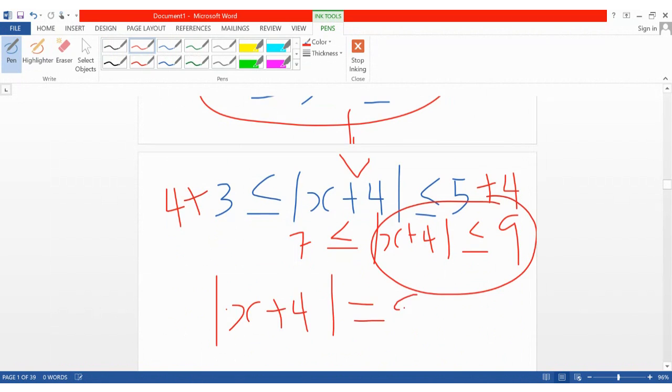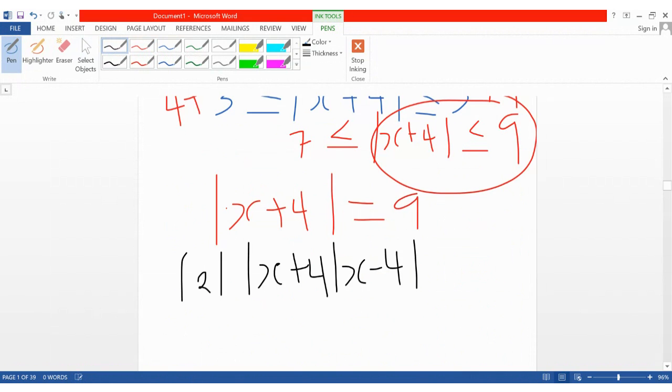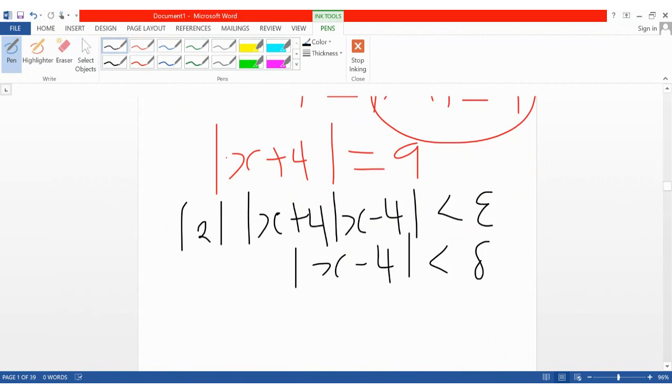So let's go back to what we had. We had 2, we had x plus 4, we had x minus 4, it's less than epsilon. Then x minus 4 is less than what? Delta. That's what we had. So we have been able to replace some of these things. So x plus 4, we shall have 9.